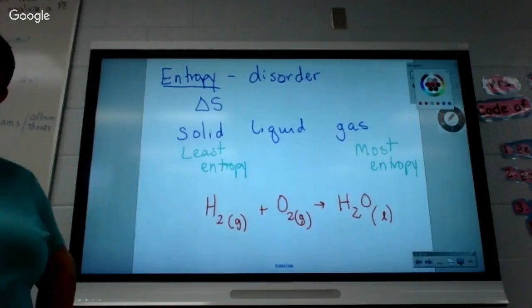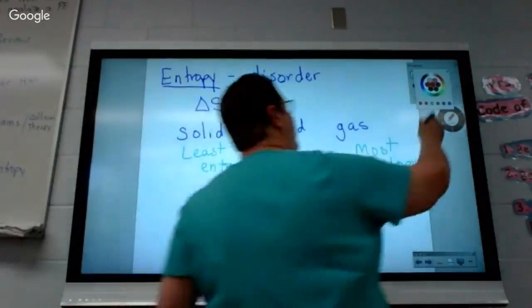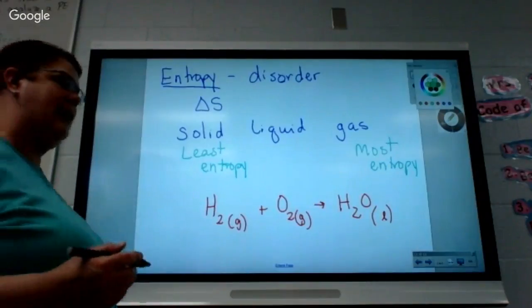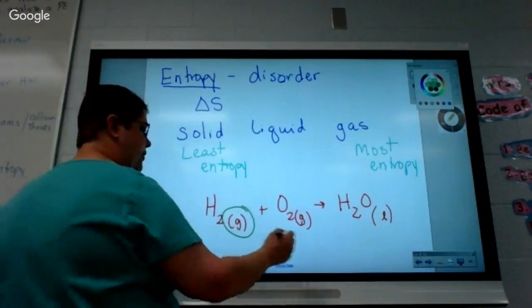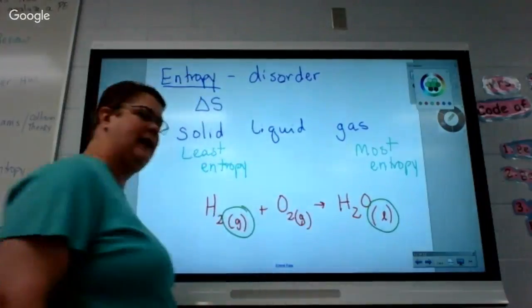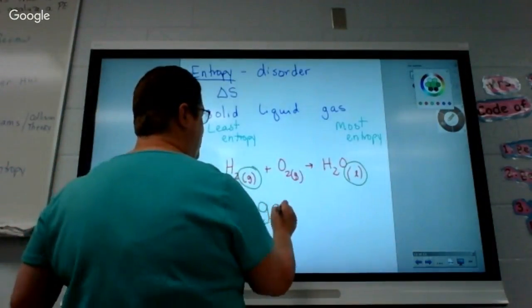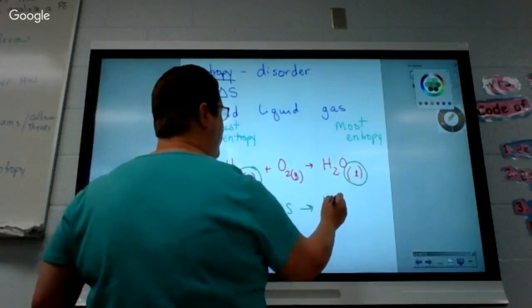All right, so is it increasing or decreasing? How do we decide? What do we look at? Brian was right when he said he looked at the states. It was a solid, it was a gas, it was a liquid. We have a gas here, and we have a liquid here. That's exactly what we want to look at. So gas changes into a liquid.